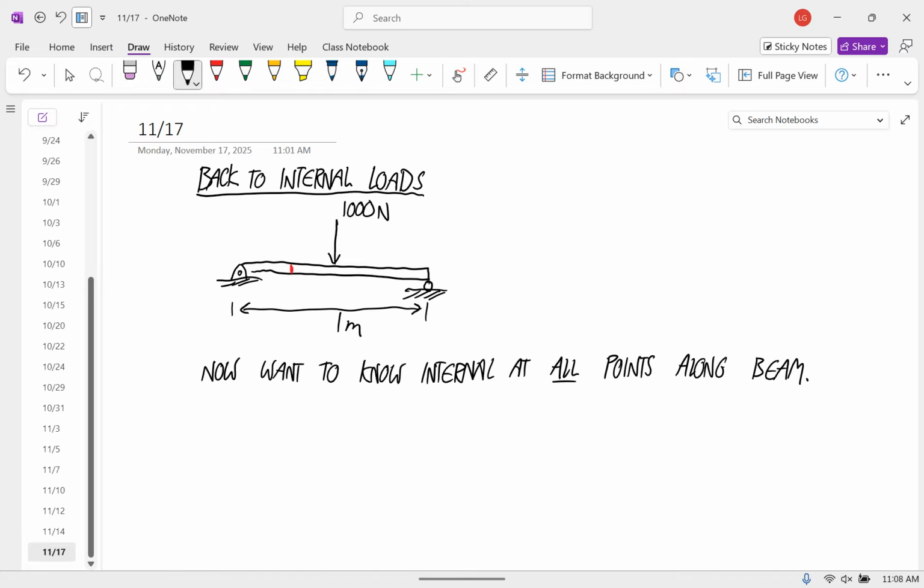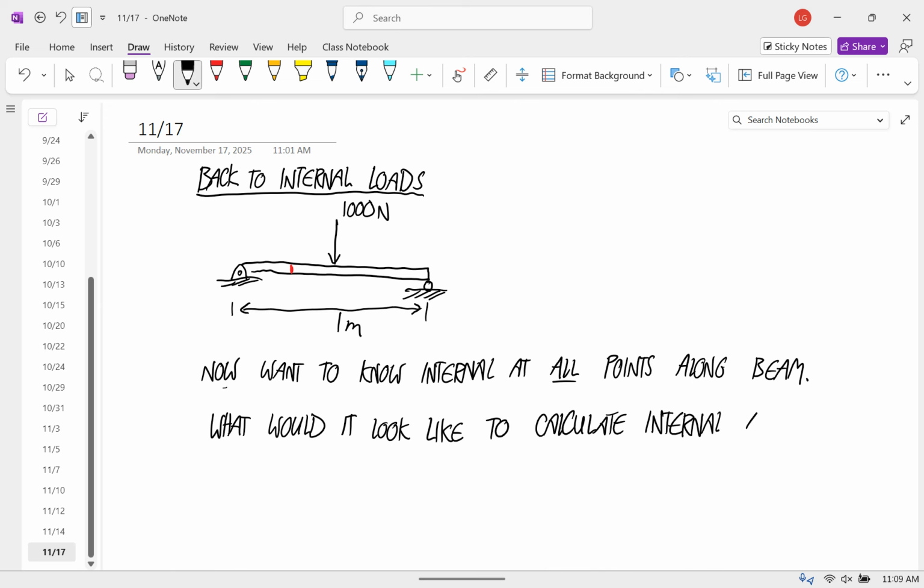But let's think of what it would look like to calculate the internal loads at a bunch of these different points. So what would it look like to calculate the internal loads at multiple locations?